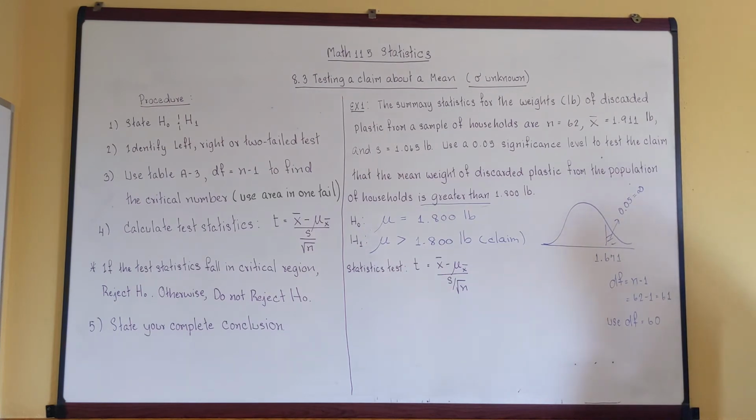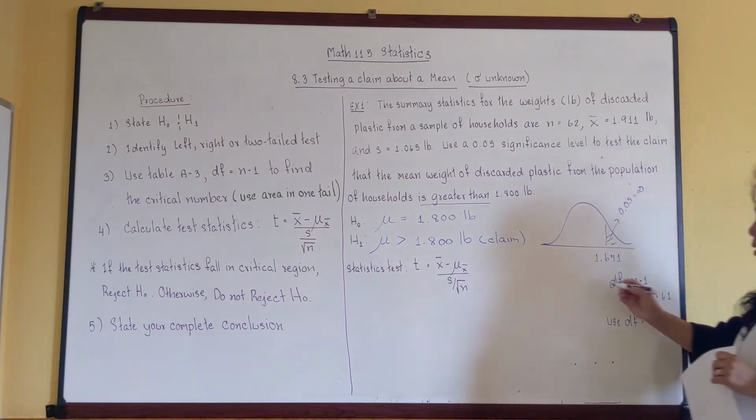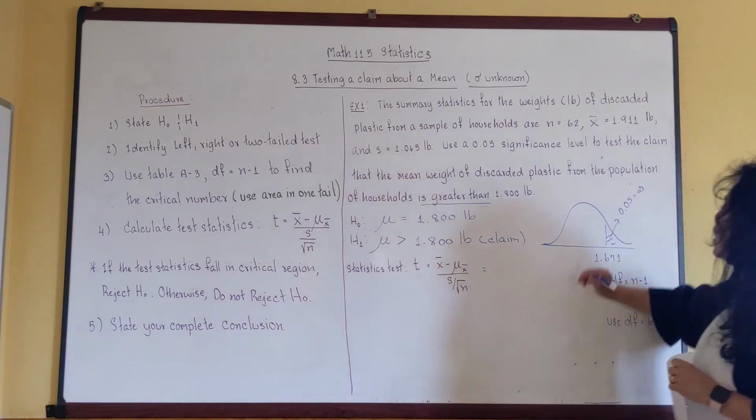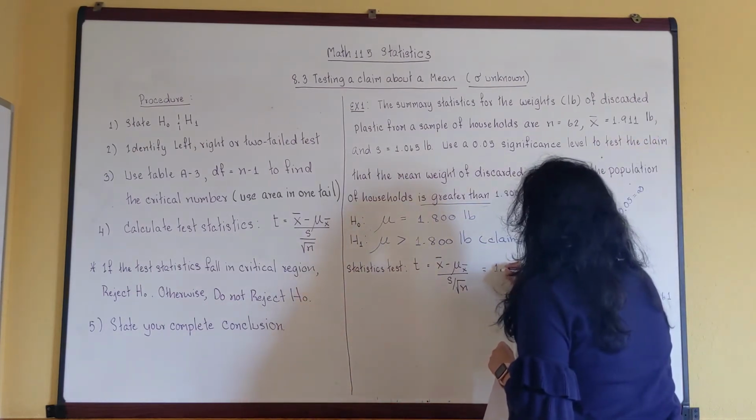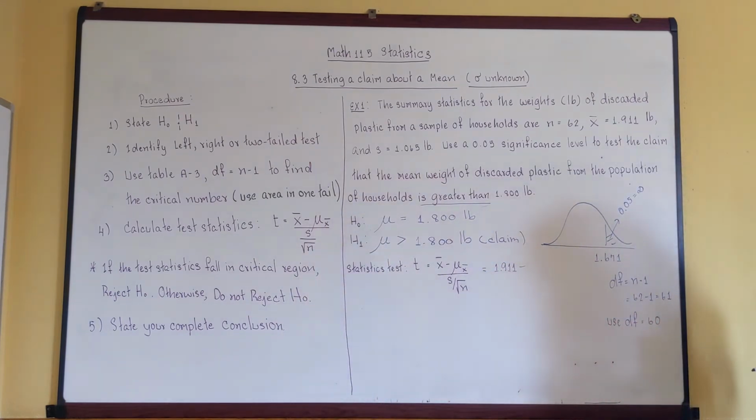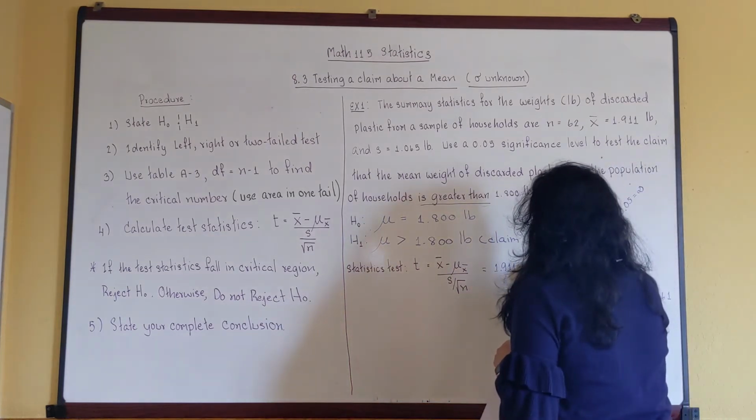Next step, you're gonna calculate your test statistic. X bar is 1.911. Mu x bar is always gonna equal mu, which is 1.8.